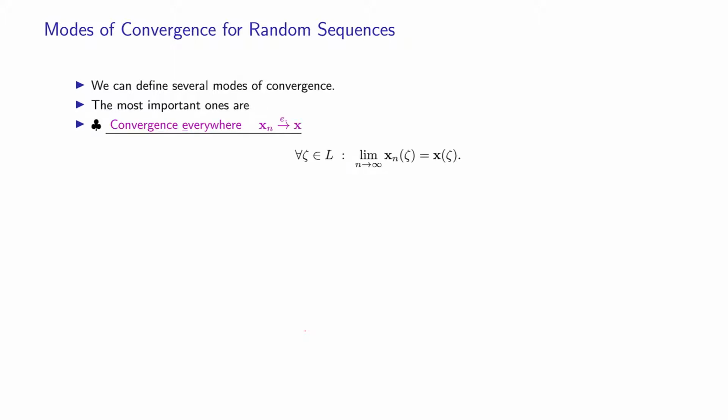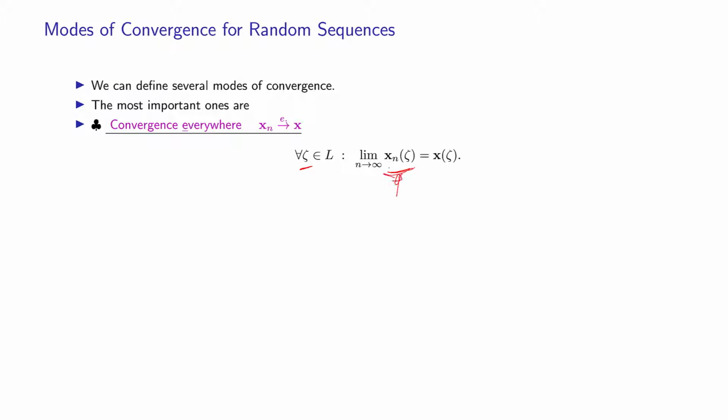The first one is convergence everywhere. This mode of convergence is deterministic. For all possible outcomes of your random experiment, you specify the value of your outcome, and you consider these sequences.